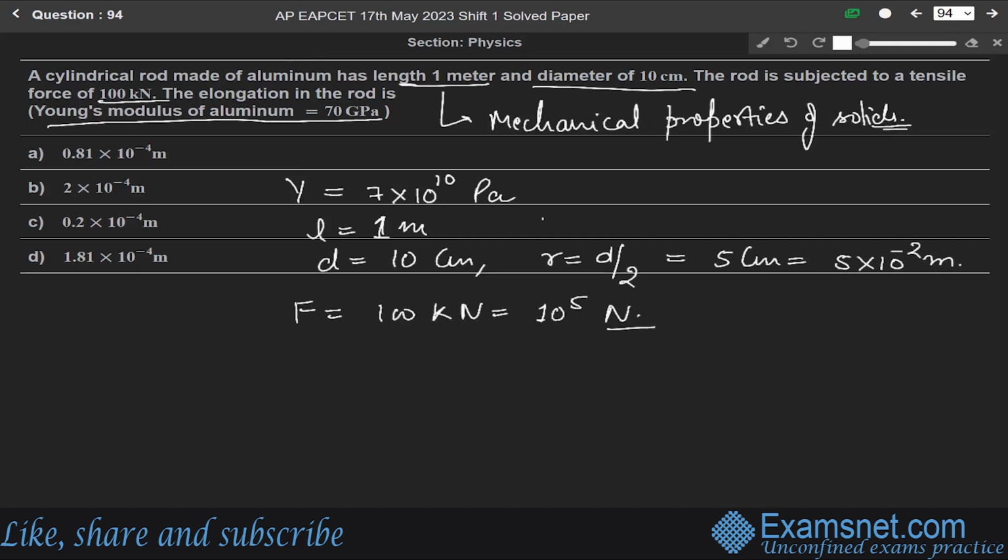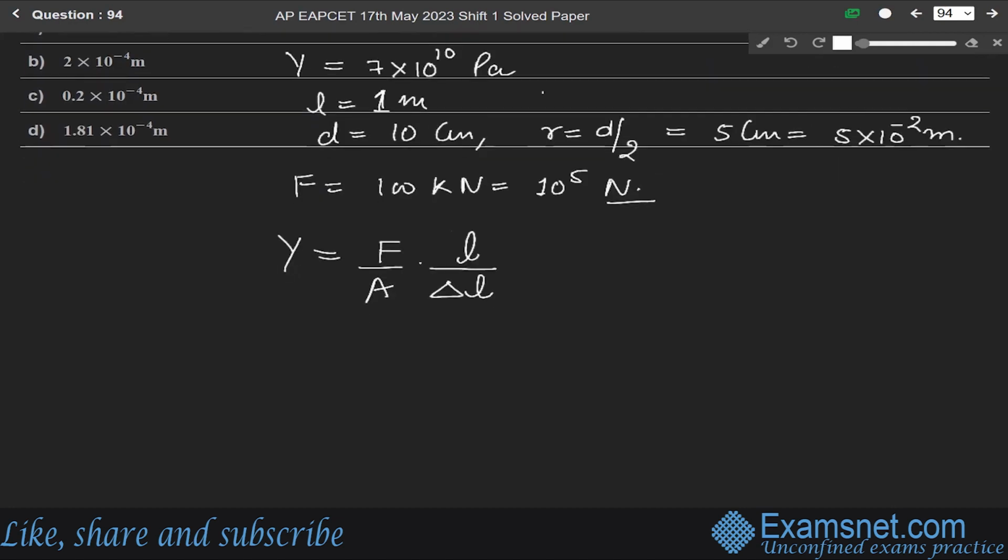Since we know that the Young's modulus Y is equal to force over area into original length over elongation in length, and we have to find the elongation in the rod, so delta L will be equal to F over A into L over Y, Young's modulus. So force is 10 to the power 5.